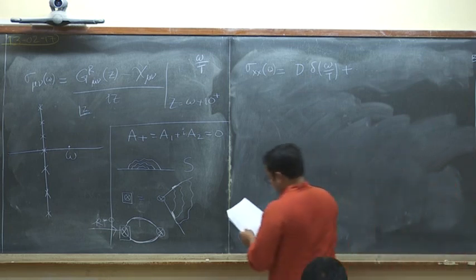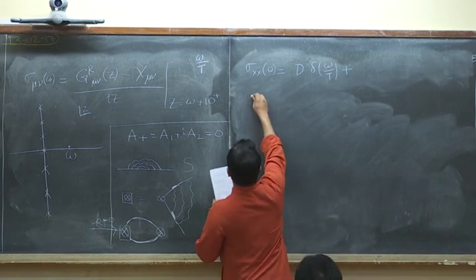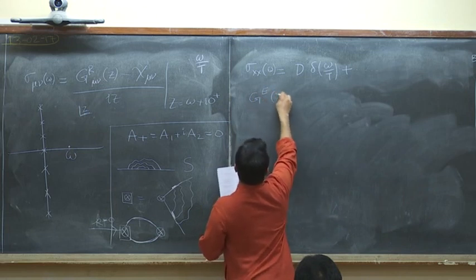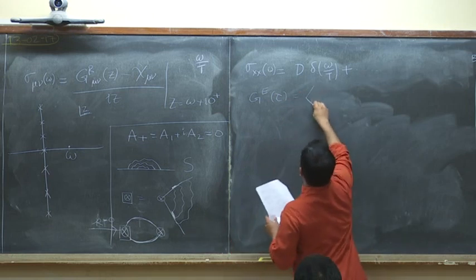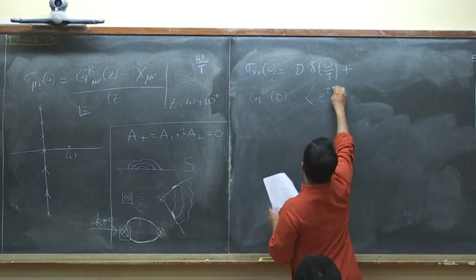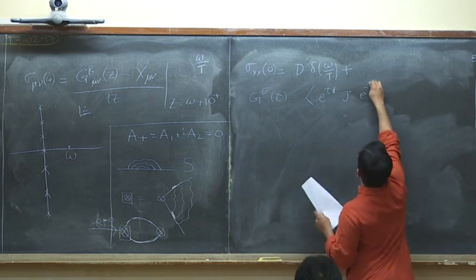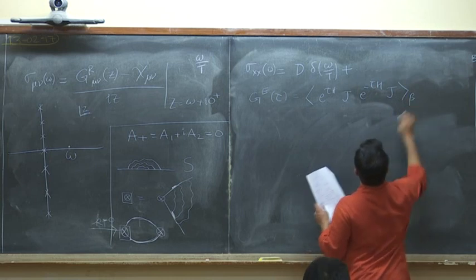Okay, so let me first start with a Fourier decomposition of the Euclidean JJ two-point function. So the G Euclidean at time tau, which is the expectation value of e to the tau H J e to the minus tau H J at some temperature beta.